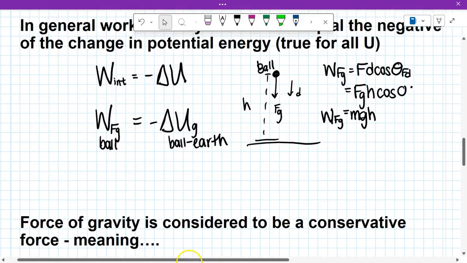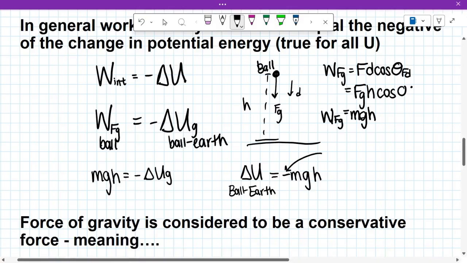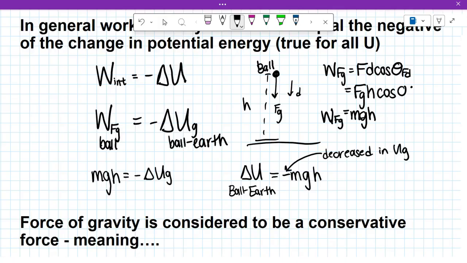Now the work done by that force of gravity is going to equal negative the change in potential energy. So really the change in potential energy of this ball-Earth system is going to be negative mgh, the negative meaning that we have decreased in potential energy.